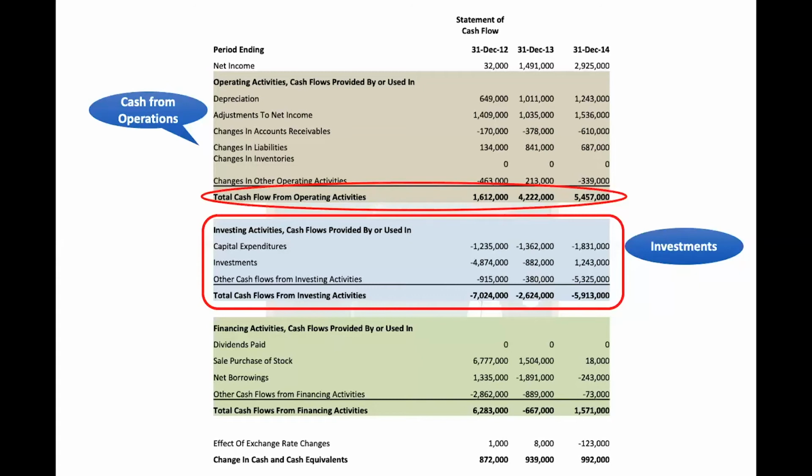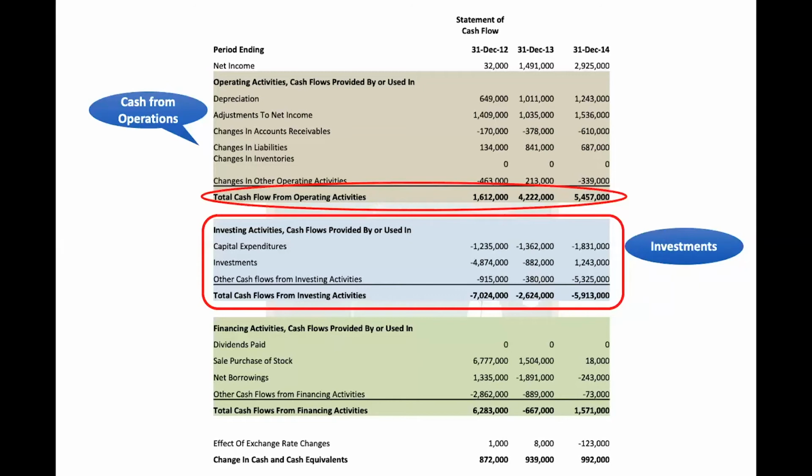One of the major reasons why I like this section, you can see that in 2012, they generated $1.6 billion in cash from operating activities. But in that same year, they spent over $7 billion.